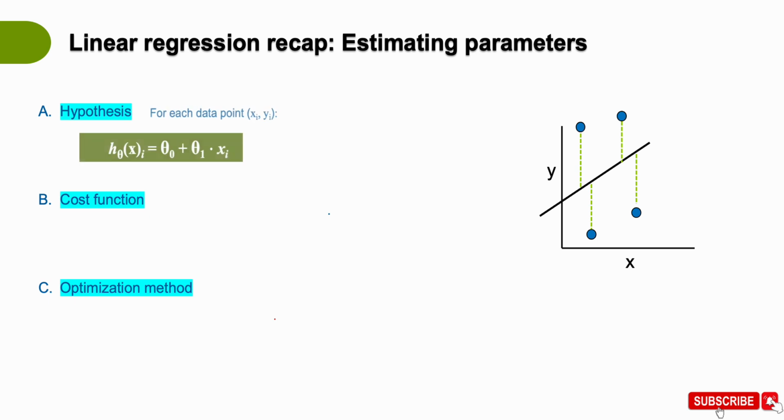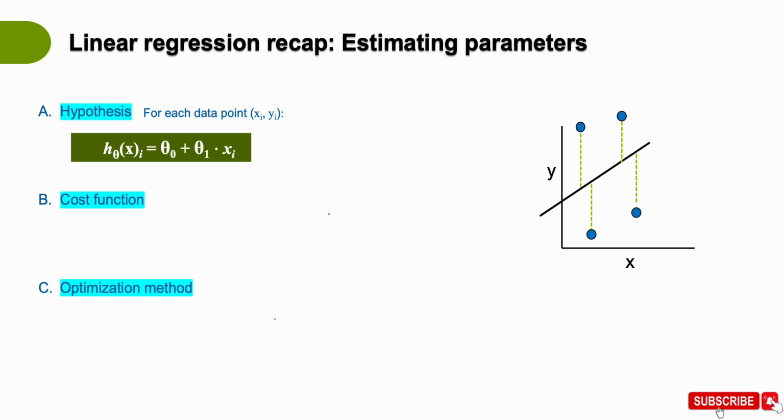The hypothesis we have already seen. For each data point, let's say xi, yi, where xi is a single value in case of simple linear regression and a vector in case of multiple linear regression, and yi is a single value, which is called the target value.